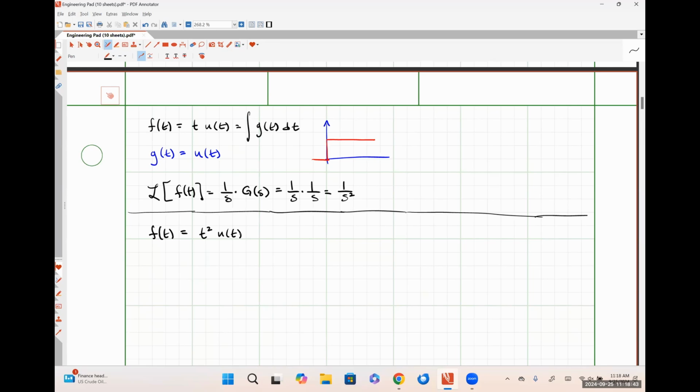Effectively, what's the derivative of this thing? 2t, right? So if I had a function g of t that is equal to 2t u of t, I can play around with this a little bit.